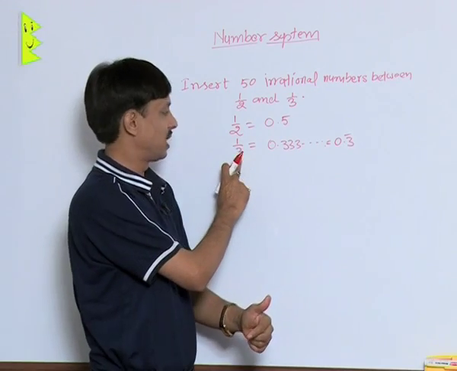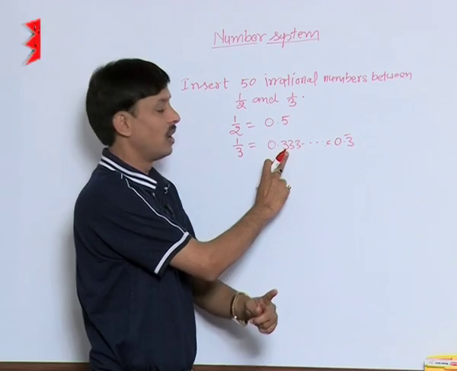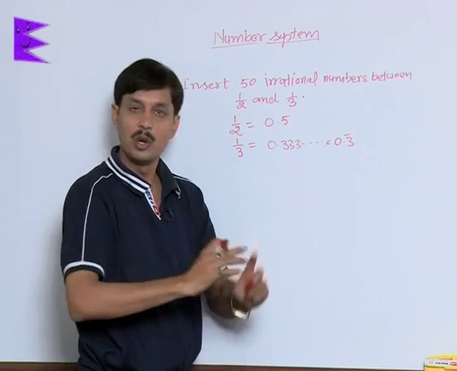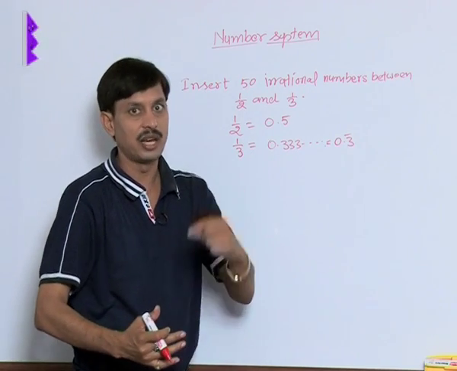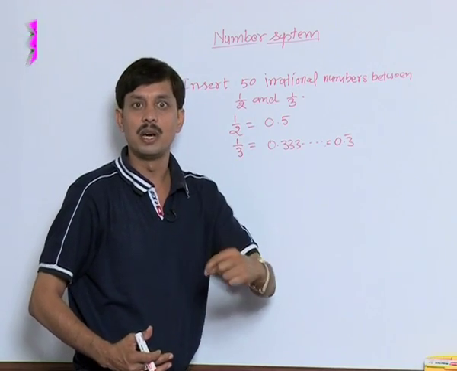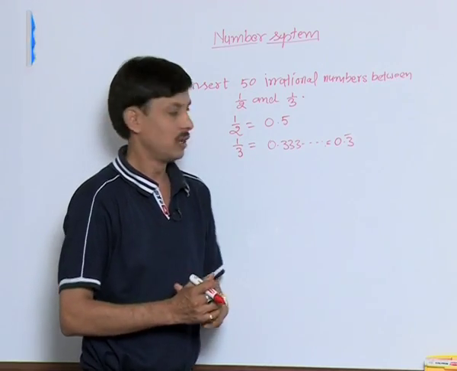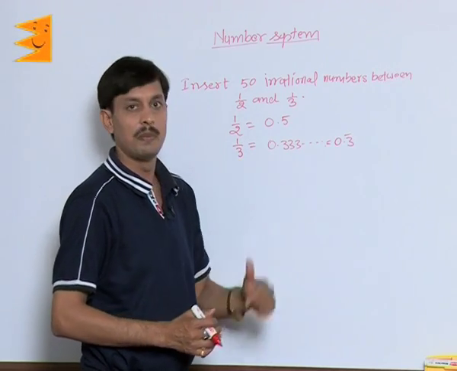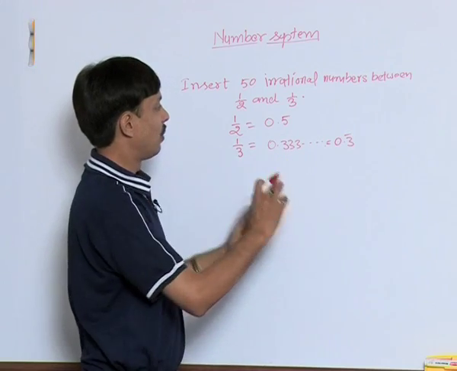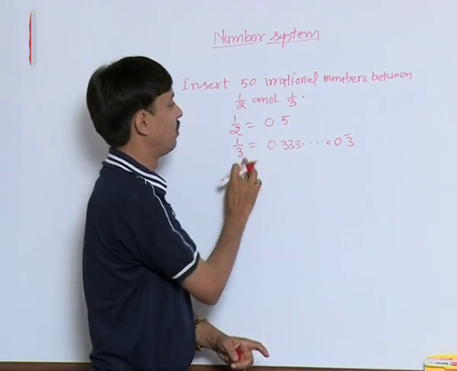Here 3 minus 1 is 2, so repetition has started after 1 place, which satisfies the rule. I want to find 50 irrationals between 1 by 2 and 1 by 3.